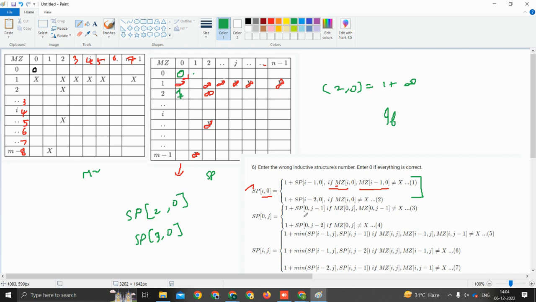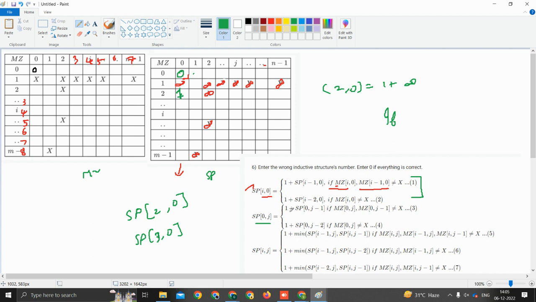Okay, so this is going somewhat tricky. Fine. So 0 comma j, similarly they are doing it. Why are they doing this? We don't have x over this way. Okay, fine.